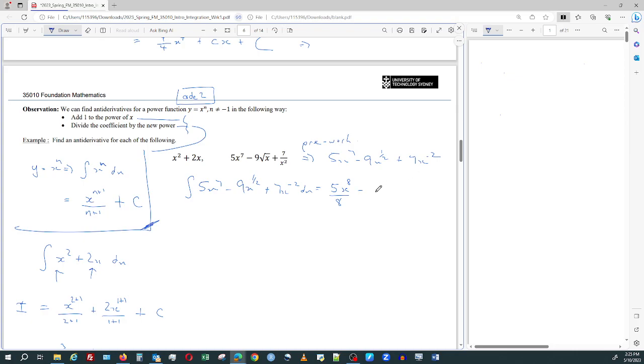Minus 9x to the half. Half plus 1 is 3 on 2. Divide by 3 on 2. Now your training has gone some way to deal with that. Divide by 3 on 2 is the same as times by 2 on 3.